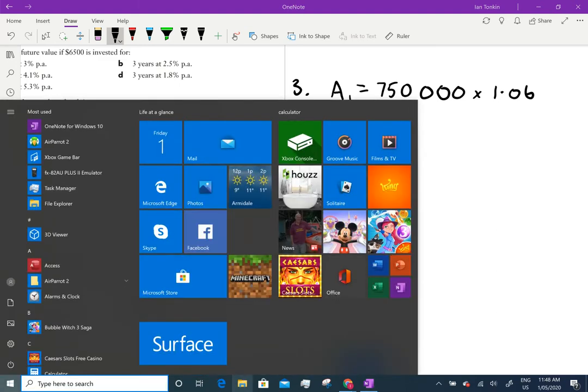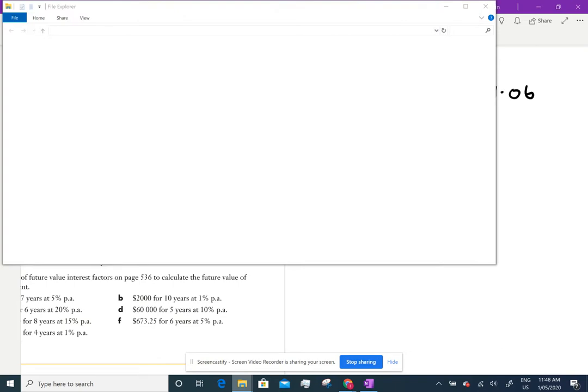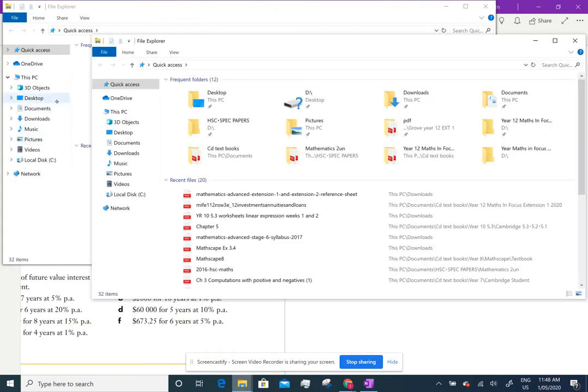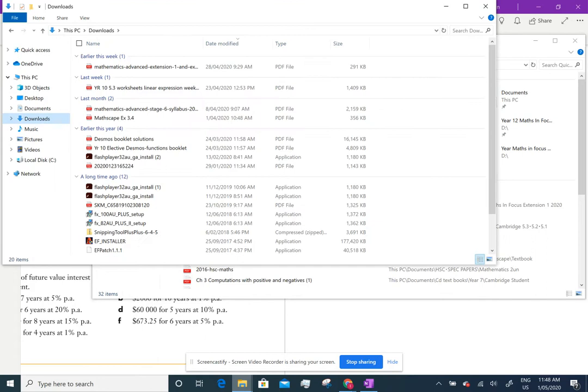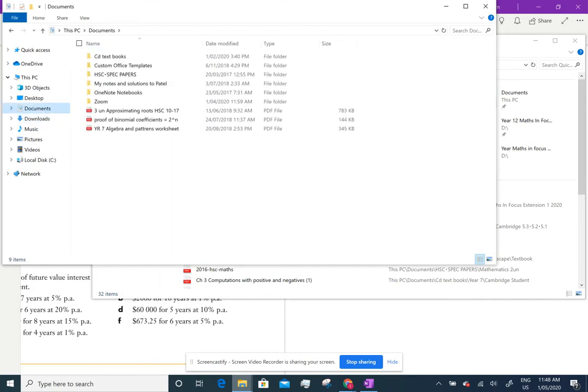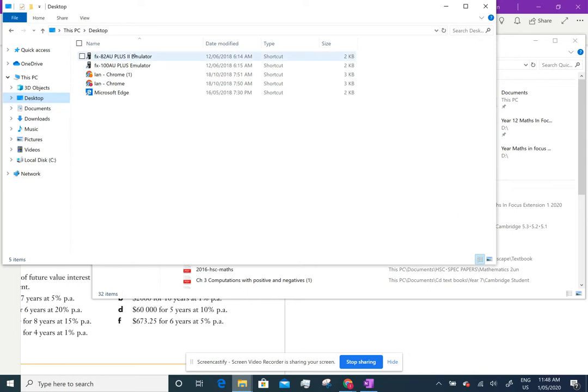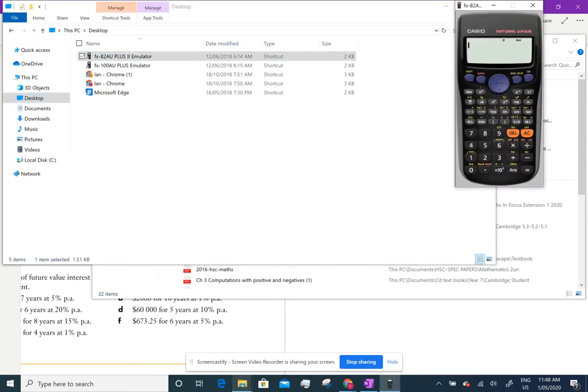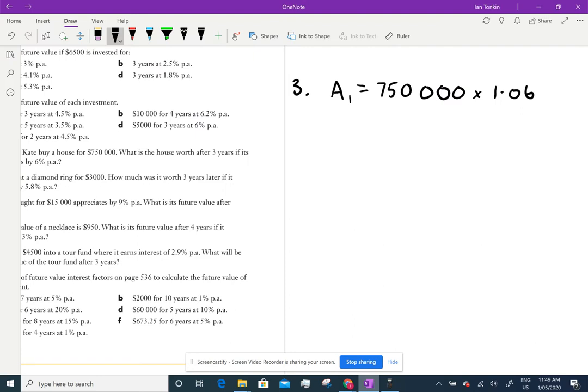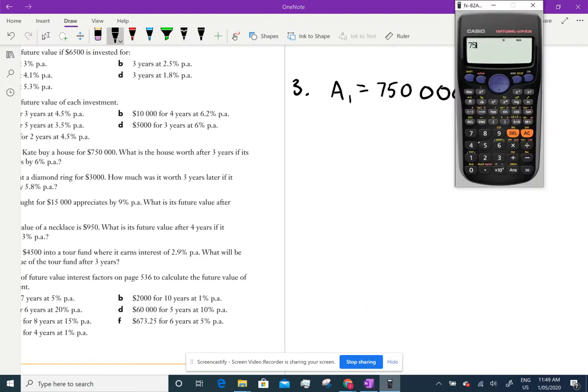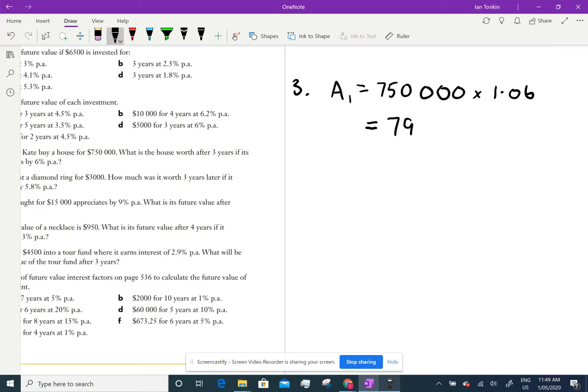I need to get my calculator up. For some reason, it's not up. It was in downloads or documents or desktop. There it is. So, 750,000 times 1.06 is 795,000.